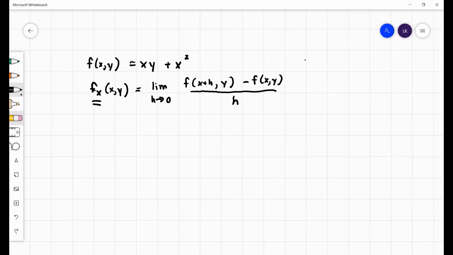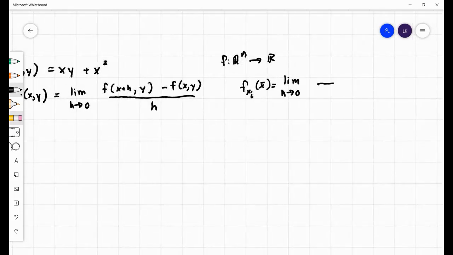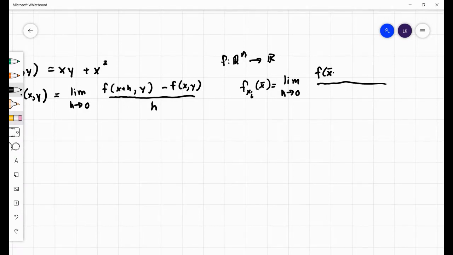So more generally, if you have a function from Rn into R, the derivative of the function with respect to the ith variable would be a limit as h goes to 0. And the way you write this would be to say that I'm going to evaluate the function at x plus h times the ith elementary column.